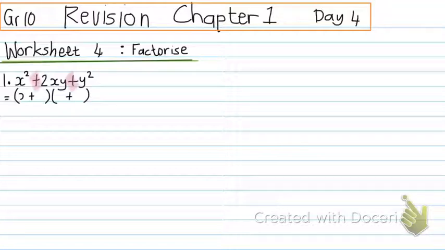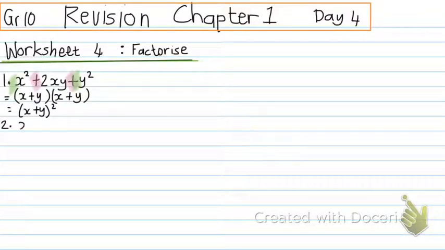The coefficient of the first term is 1, the factors of 1 is just 1 and 1. And the coefficient of y squared is also 1, so it's just going to be x plus y, x plus y. I can also write this as x plus y squared because the brackets are the same.